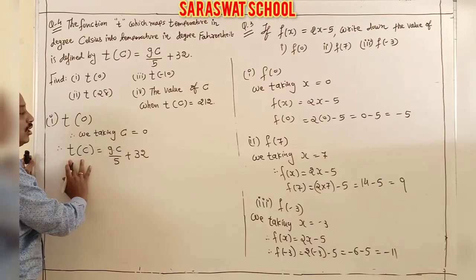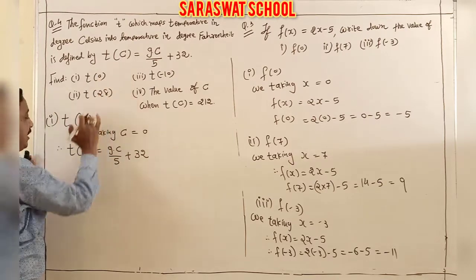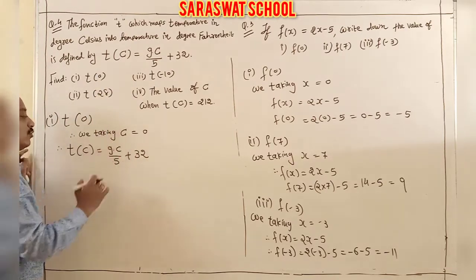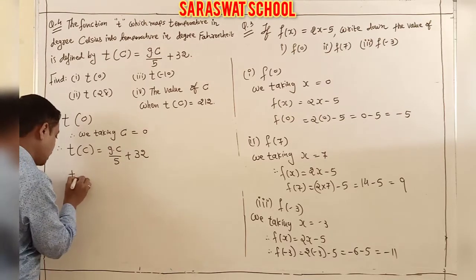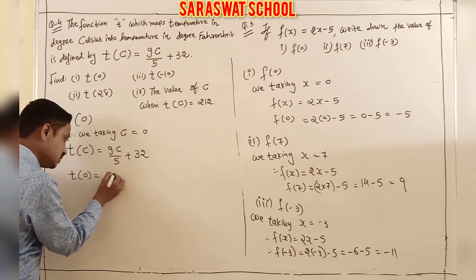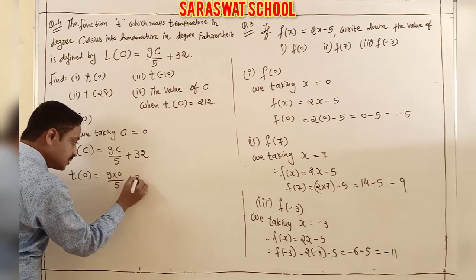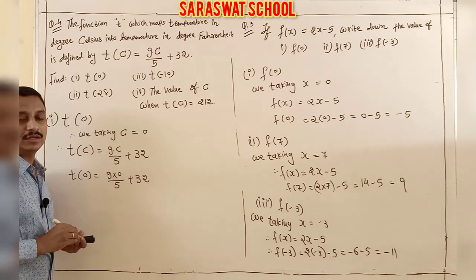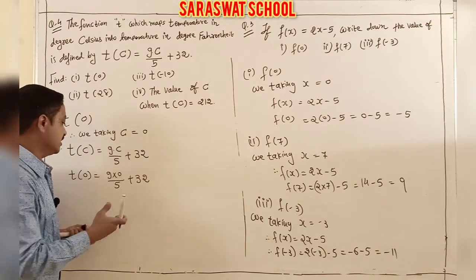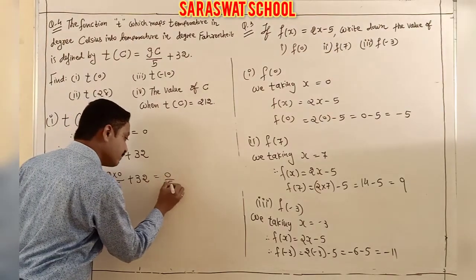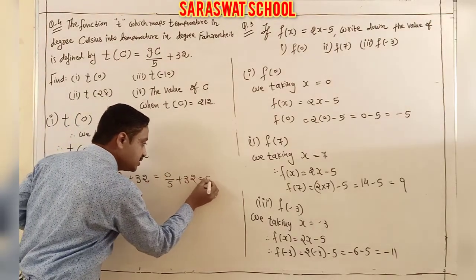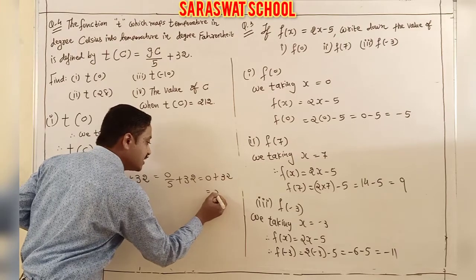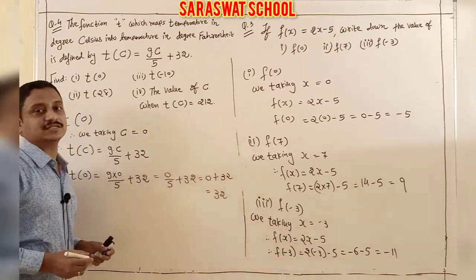Because T of C is already given, we find out the value with C equal to 0. So apply T of 0: 9 into 0 by 5 plus 32. 0 by 5 plus 32 is 0 plus 32.